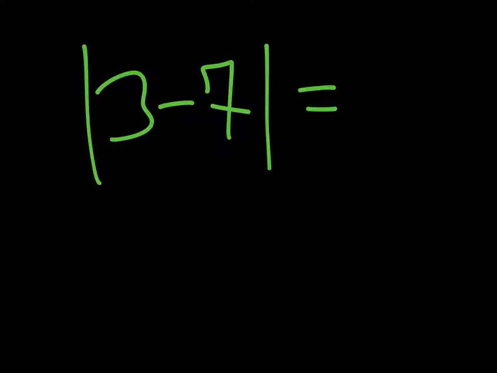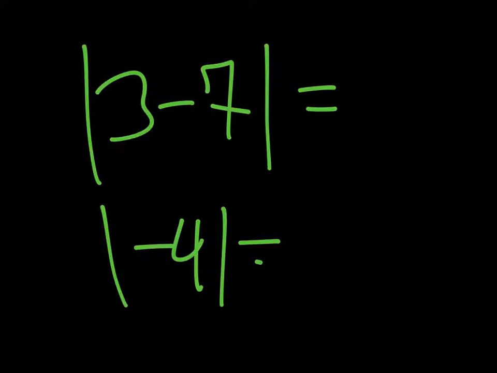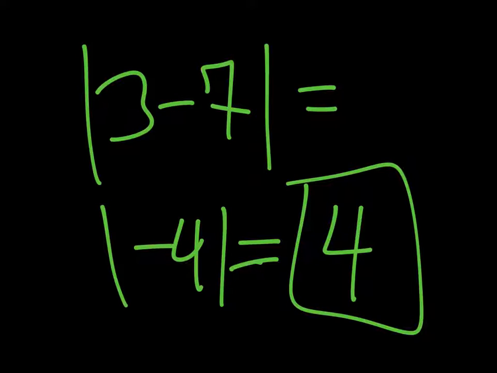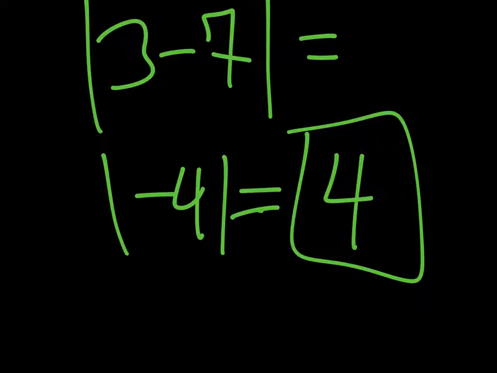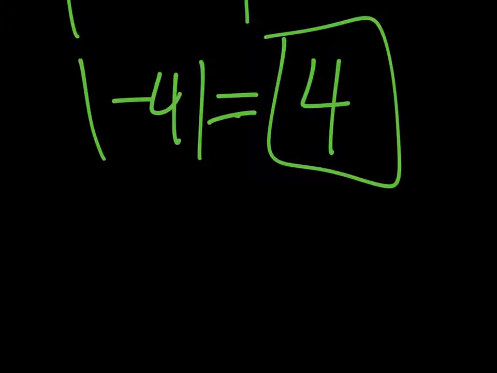So if I have 3 minus 7 in absolute value signs, normally 3 minus 7 would be negative 4, yes? But the absolute value signs are around it. Therefore, the absolute value of negative 4 is just 4, okay? Now, that is an equation. We are talking about inequalities. So let's do a few more examples of equations, and then we'll do a couple inequalities, okay?